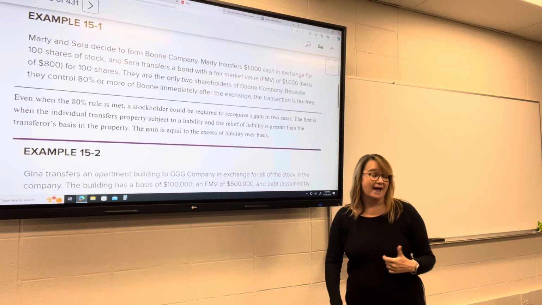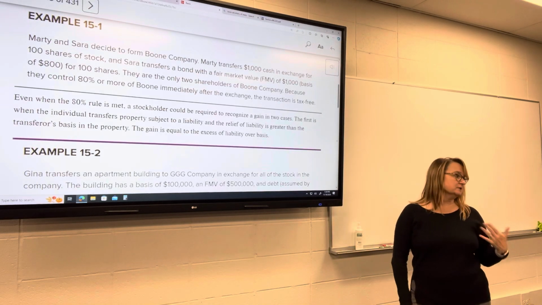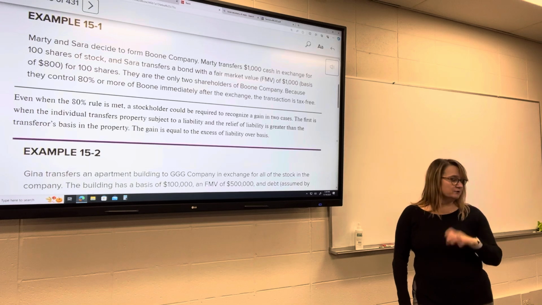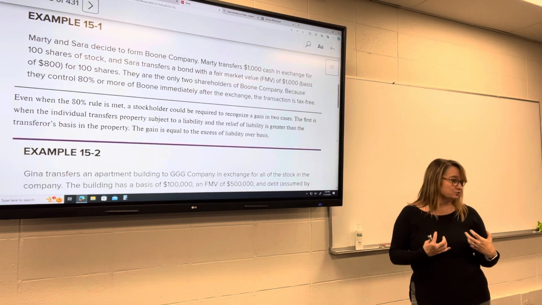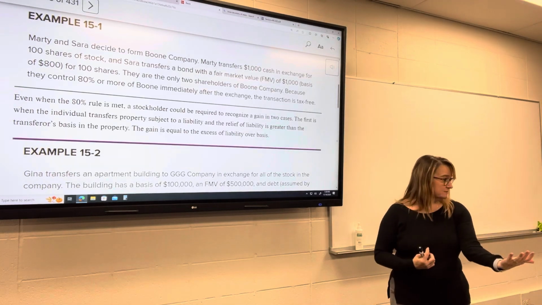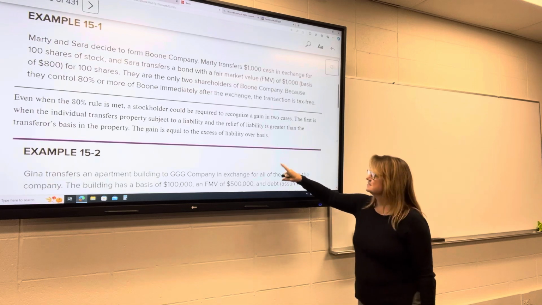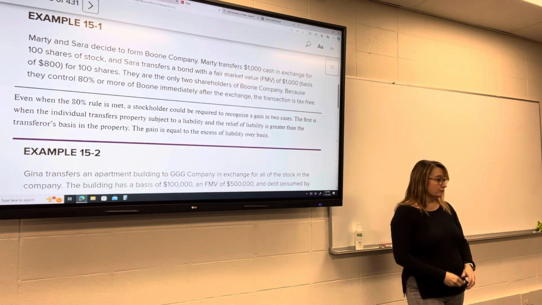Now I do have a gain in the amount of $20,000 because I was relieved of $120,000. It's just like I got $120,000 richer, but I gave up $100,000, right? So the gain is equal to the excess of the liability over the basis.